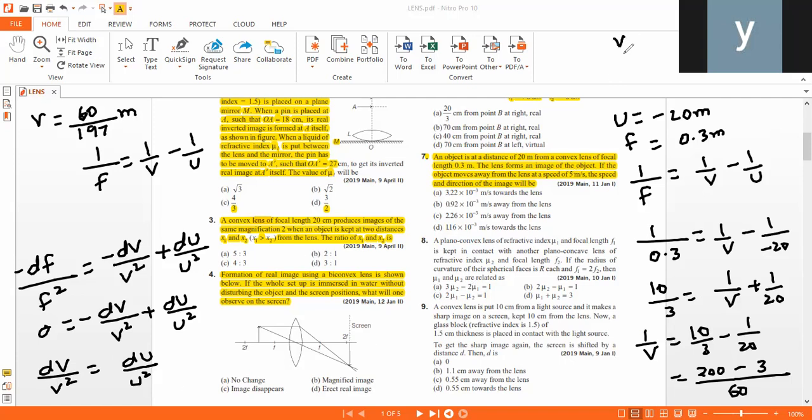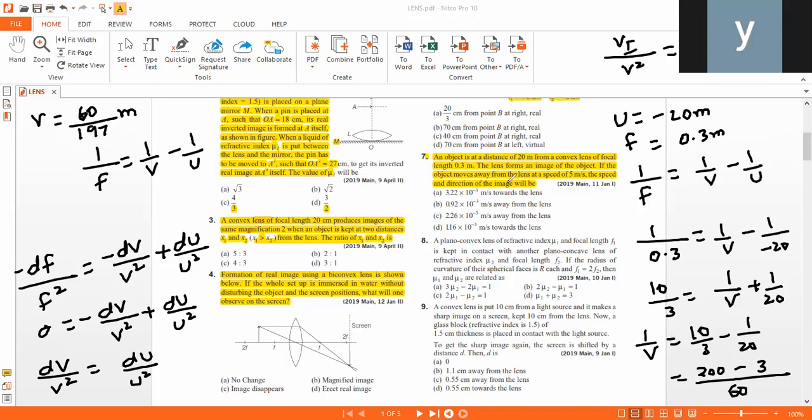So dv by dt means velocity of image, that is equal to velocity of object times v square by u square. I know v and u, right? And they gave the object speed, that is 5 meter per second.